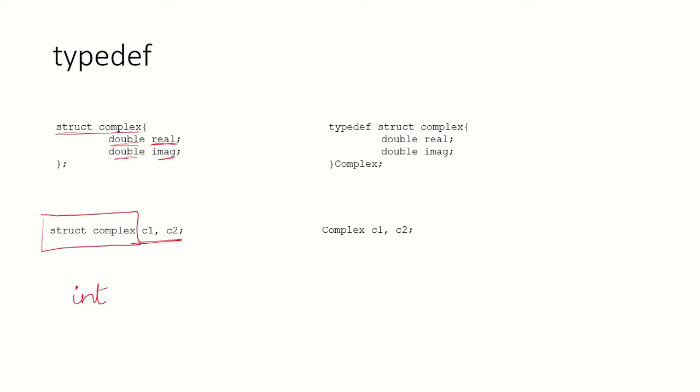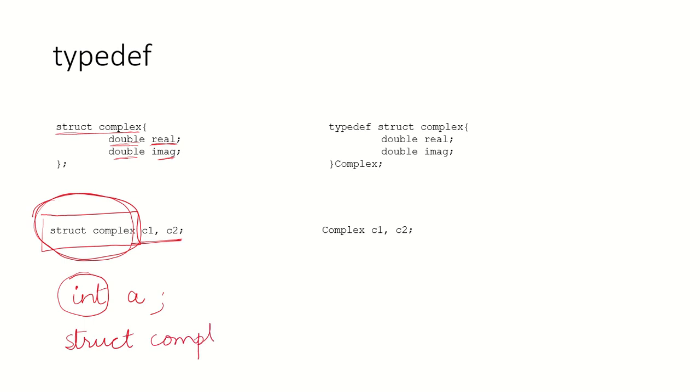So we say int a. This is the data type which is inbuilt. Now this is the data type which the user has defined. So we write the name of the data type, struct complex. So this is the data type, and we are declaring two variables of this type, C1 and C2.